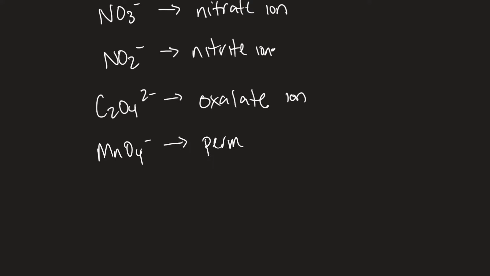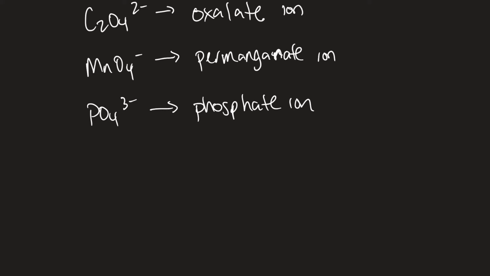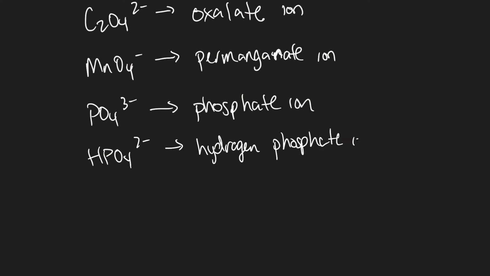Then we have MnO4 negative. This is the permanganate ion. Then we have PO4 3 negative. This right here is your phosphate ion, which you should not confuse with HPO4 2 negative, your hydrogen phosphate ion.